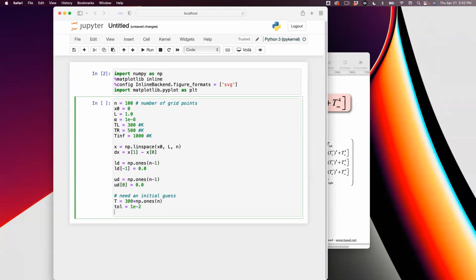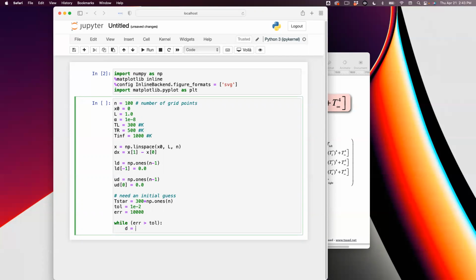That's how much error I'm going to tolerate. And then we initialize with an error that's very high. We did this before when we were doing iterative solvers. So while my error is greater than tolerance, solve this system of equations over and over again. You can call this thing here T star if you want, so that it doesn't get too confusing.